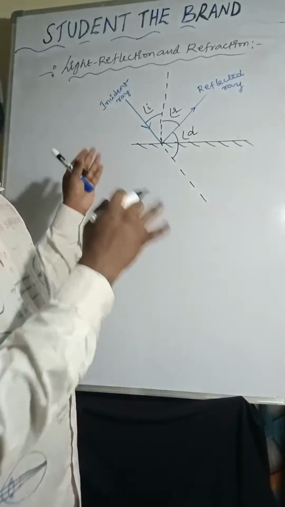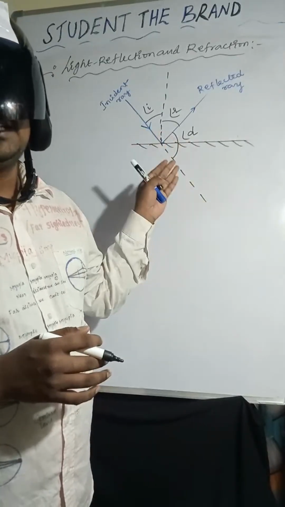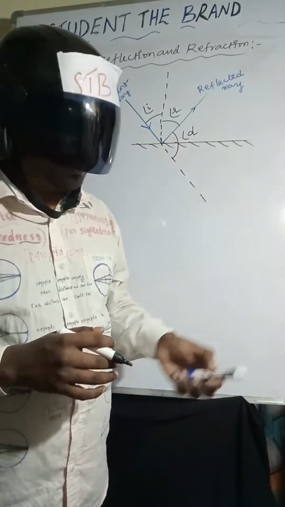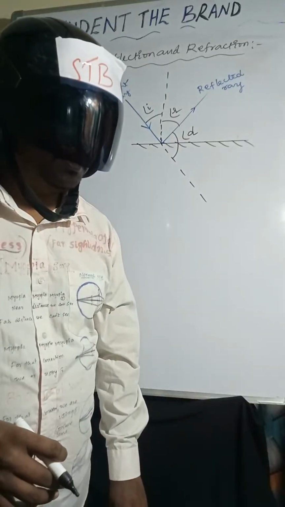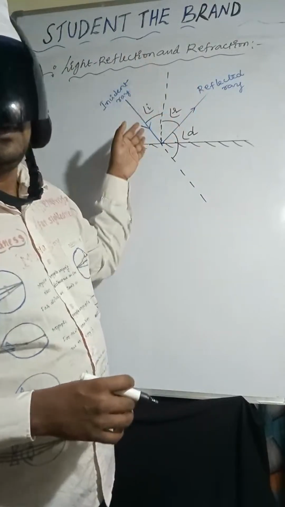Now the bouncing back of the light from the reflecting surface is called reflection of light. Incident ray, reflected ray, normal line.